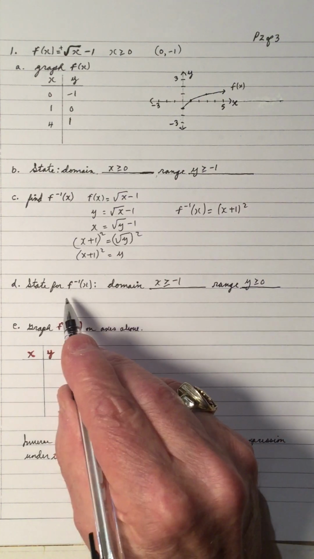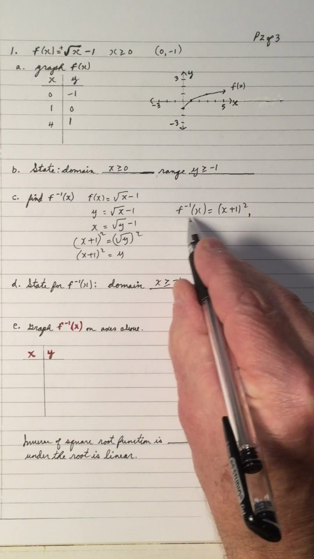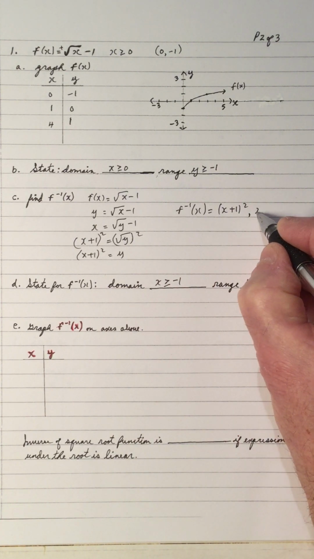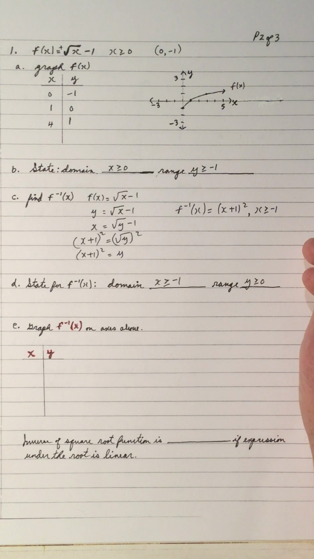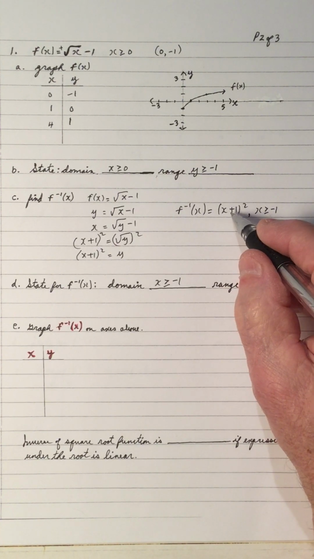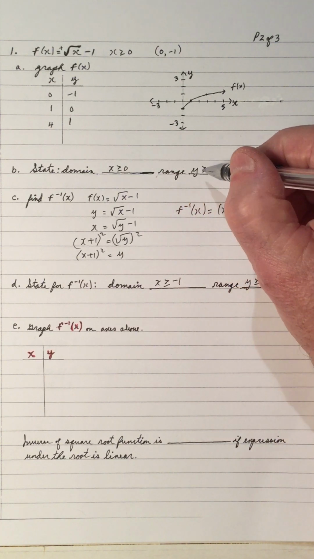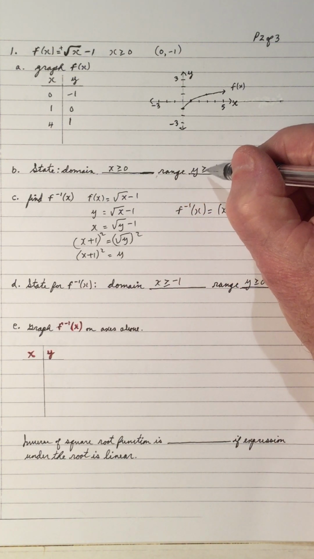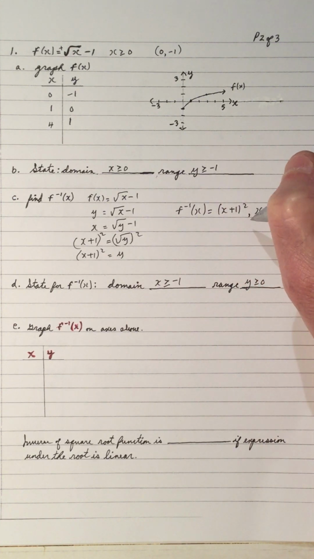Even though I worked this out to be the inverse, I have to put in x is greater than or equal to negative 1, because this parabola has a right side and a left side, so I have to go with the range as the domain. So I pick the right side.